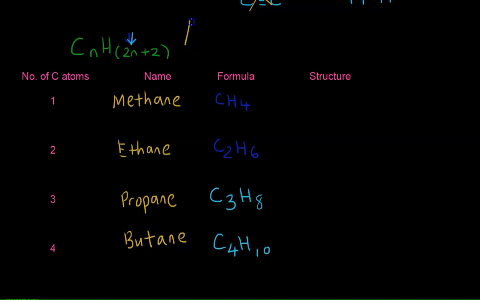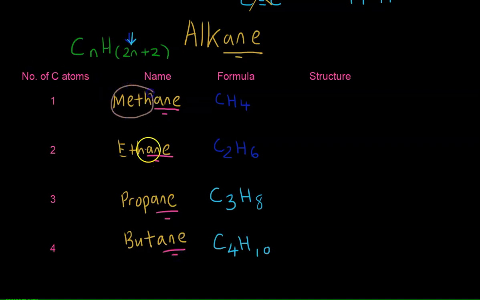Since we are on the topic of alkanes, one tip I have for you is to take out the A and the E. If you take out the A and E each time, you will see that it is actually quite simple. It is meth, eth, prop, and but. So 1 carbon is meth, 2 carbons eth, 3 carbons prop, 4 carbons but.